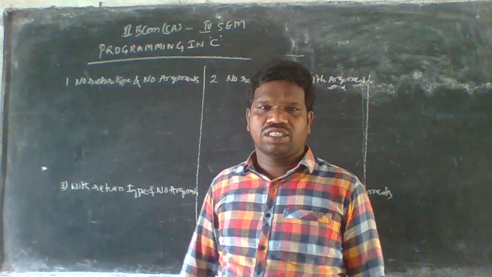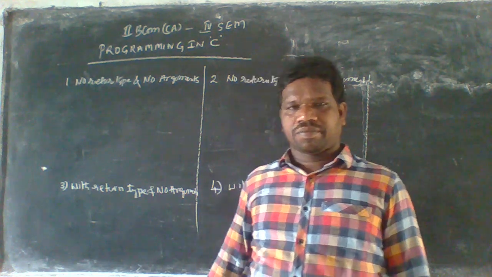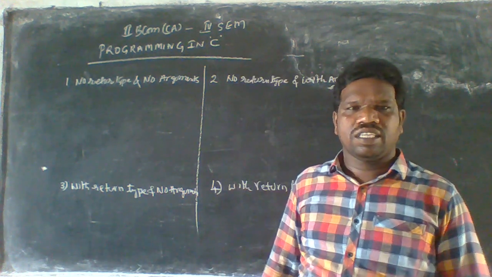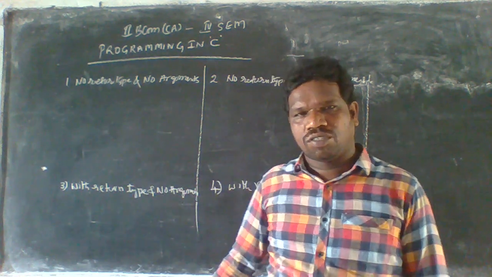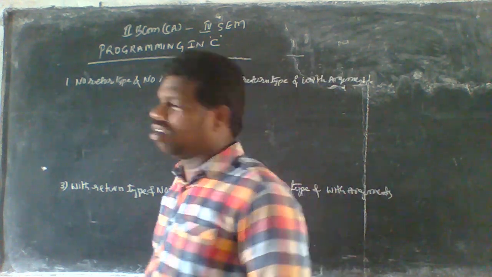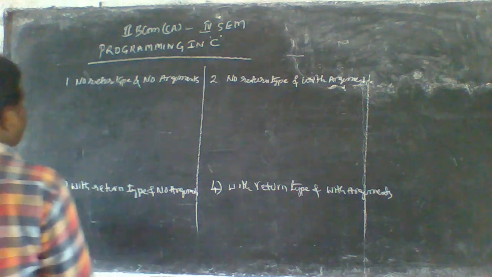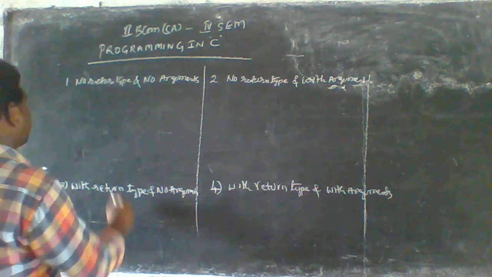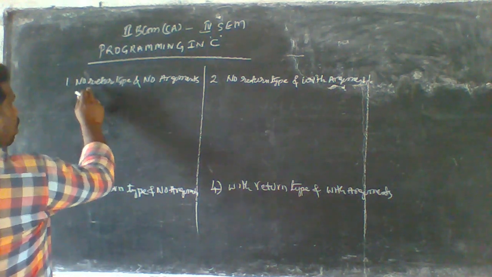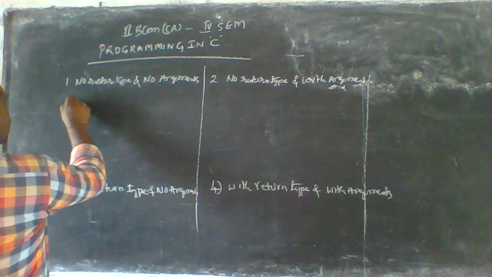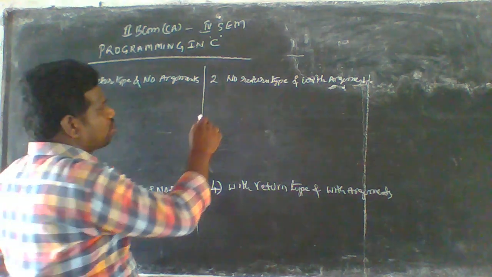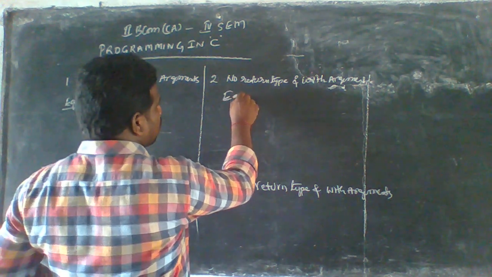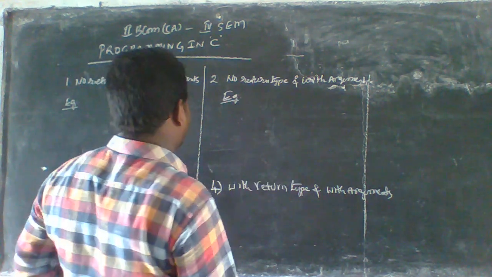These are user defined functions, and we have to use curly braces when declaring these functions. I'm also giving examples here. I'm giving the example of no return type and no arguments. In this session, no return type with arguments is also available here.